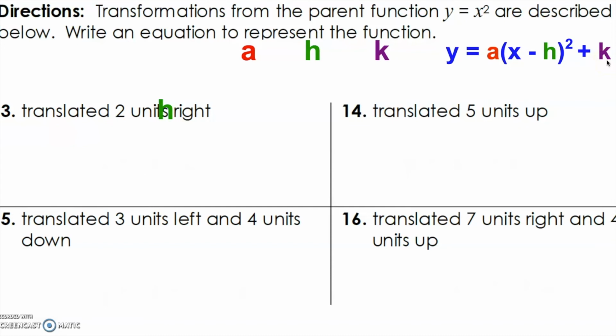And remember, in the parent function, y equals x squared, k is 0, and a is 1. So those values don't change, but I need to have my h be a positive 2. I know it's positive because we moved to the right. So I have y equals x minus my positive 2 squared.